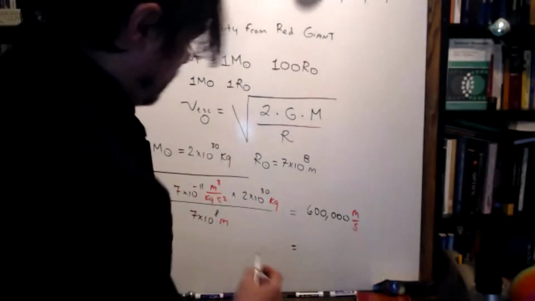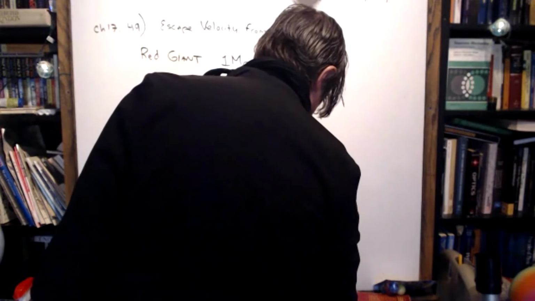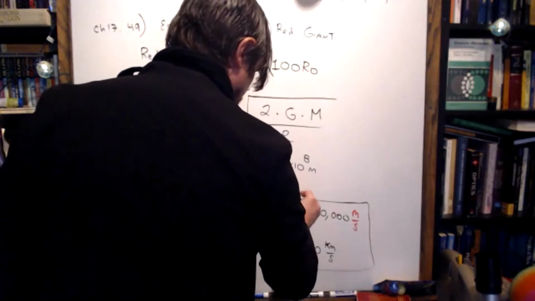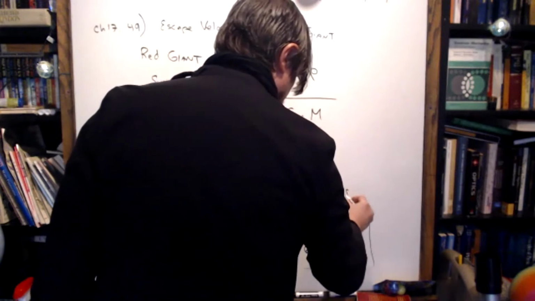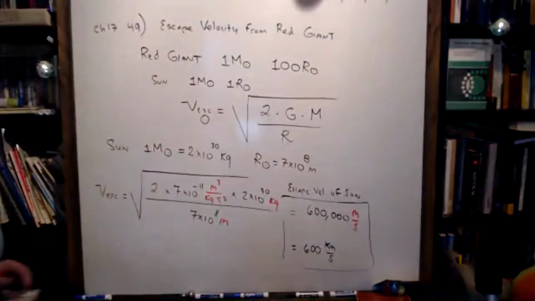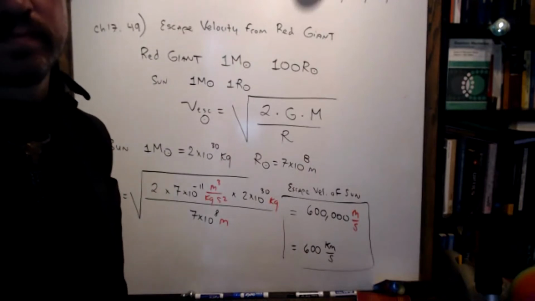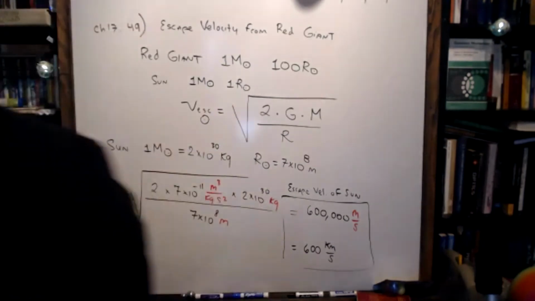It's 600 kilometers per second. Let's box that up. That's the escape velocity of the sun. Make sure you get all this down because I'm going to need to erase before I can do the next part.